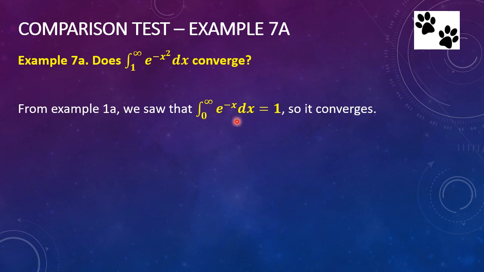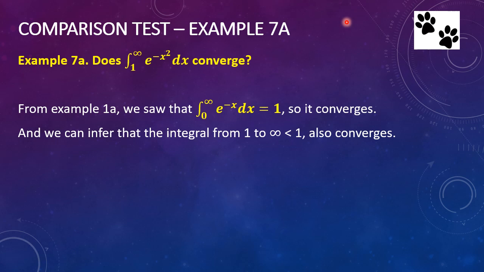So this integral converges. However, we're looking to integrate from 1 to infinity. But if from 0 to infinity it is 1, and we remember that an integral equals the area under the curve, then from 1 to infinity of e to the negative x would be even less than 1. So this also converges.